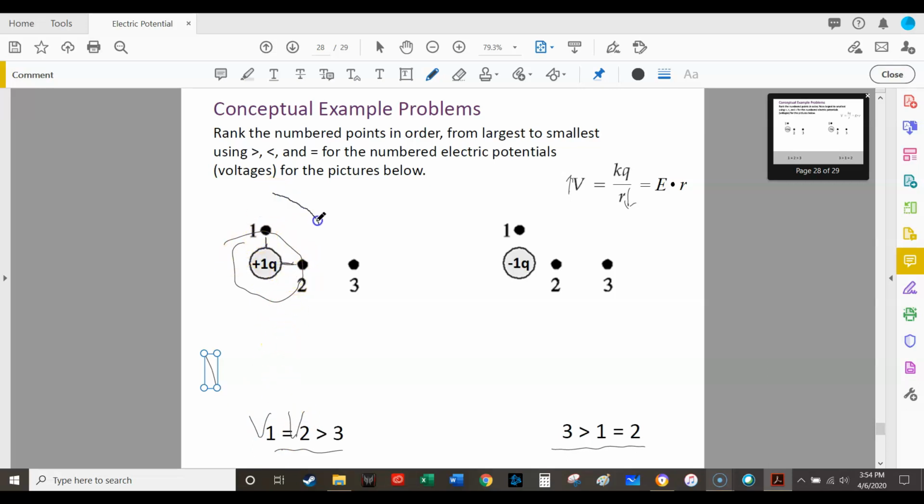Point 3 is further out, and so the voltage is going to drop off and approach 0 at some infinite distance away.